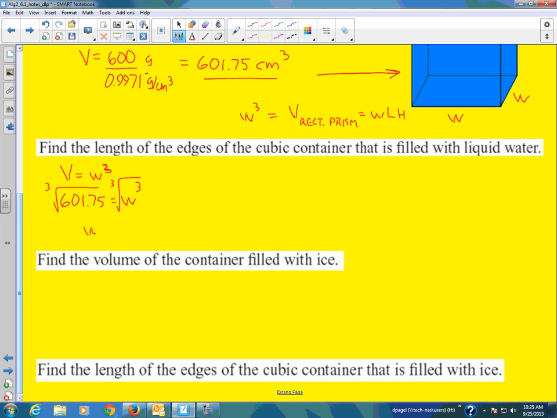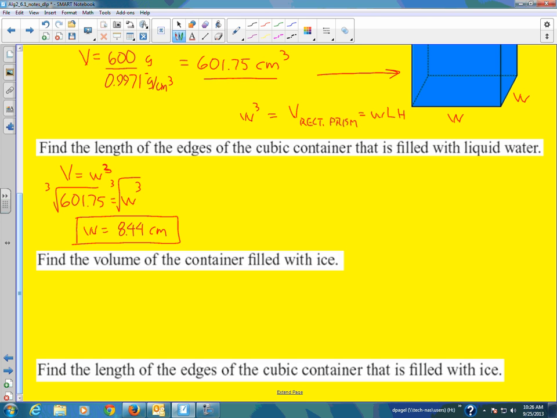The width is equal to the cube root of that number, and we get 8.44 centimeters. So an 8.44 by 8.44 by 8.44 centimeter box would contain all of this water.